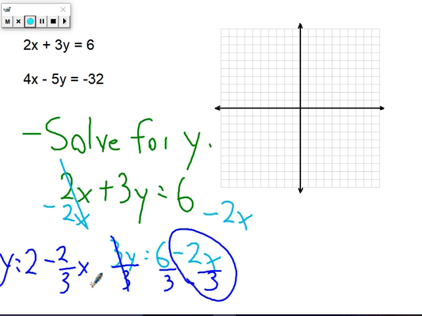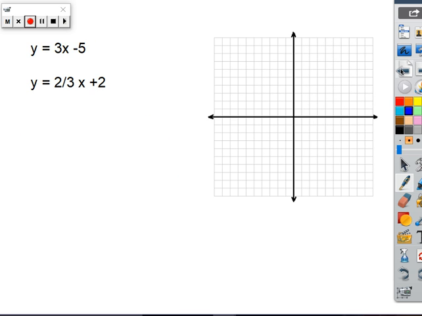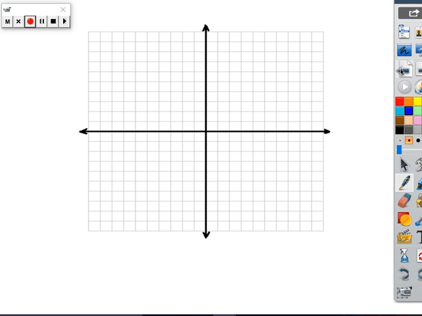And I want to show you one more example. And then I'll let you all practice. Okay, here's your one more example. Let's put it in our notes, just the equations, and we'll be able to answer it without graphing.